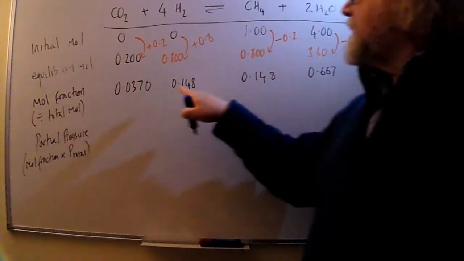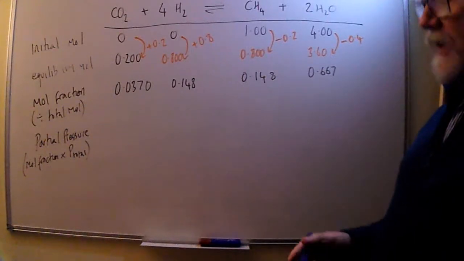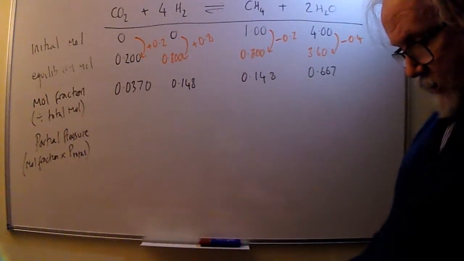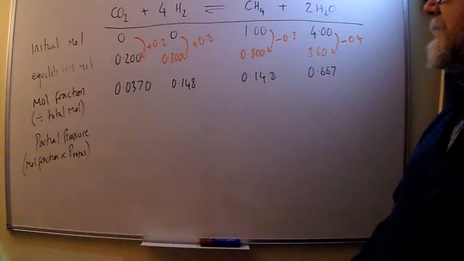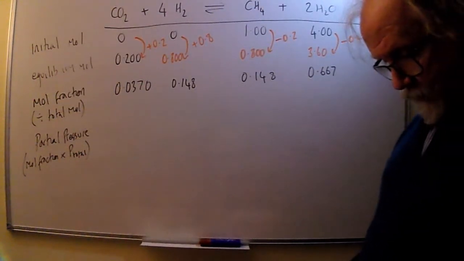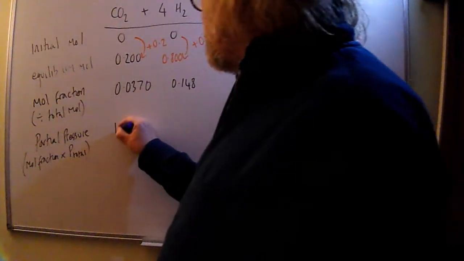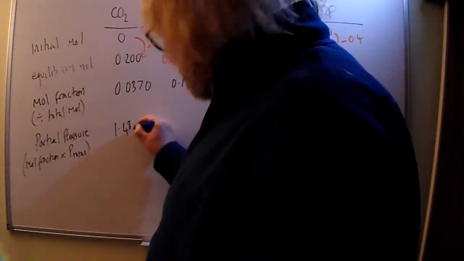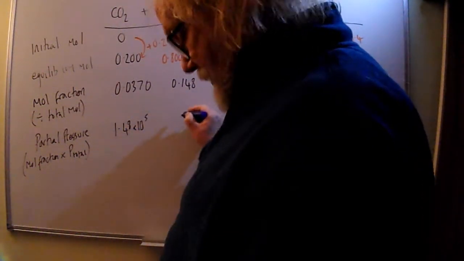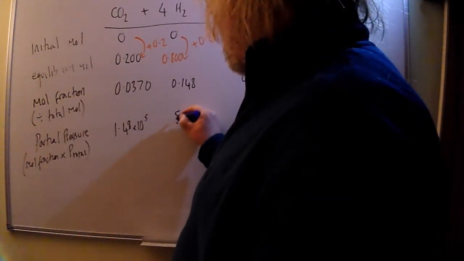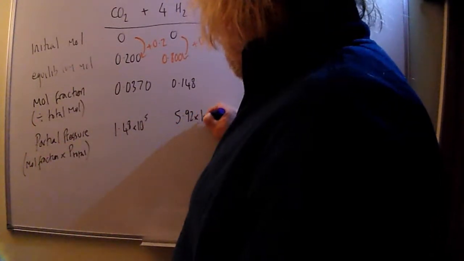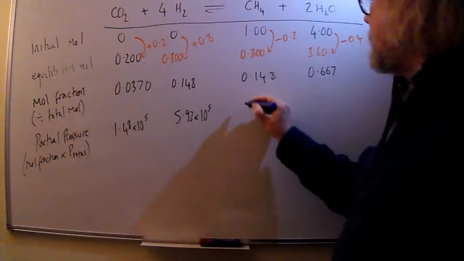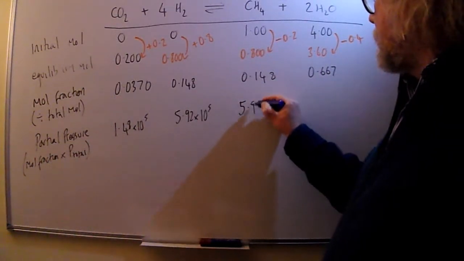So we've just got to take each of these mole fractions and multiply them by the total pressure, which it tells us is 4 times 10 to the 6 pascals. So we multiply each of these by 4 times 10 to the 6, and we get 1.48 times 10 to the 5, and 5.92 times 10 to the 5. Same for this one, because it's the same mole fraction.